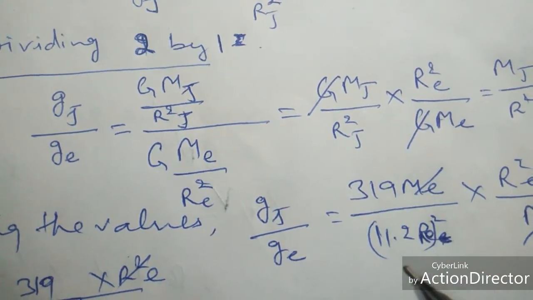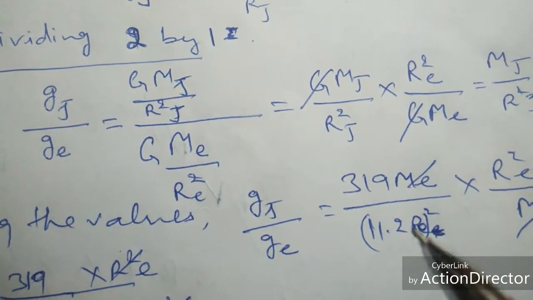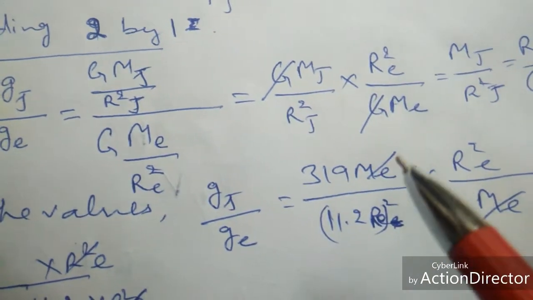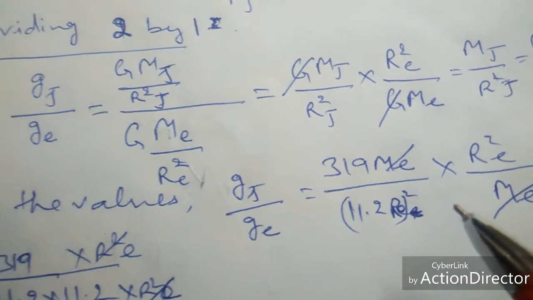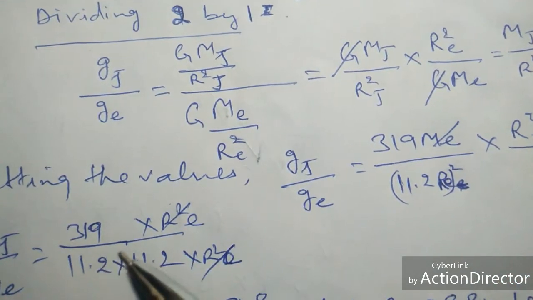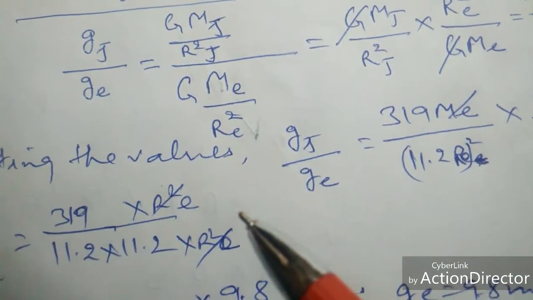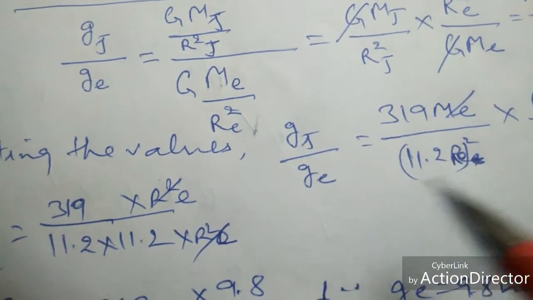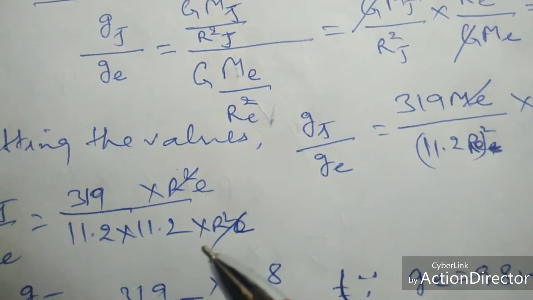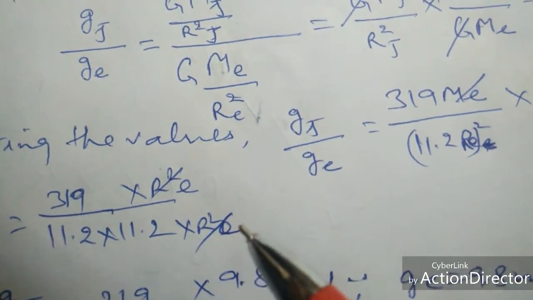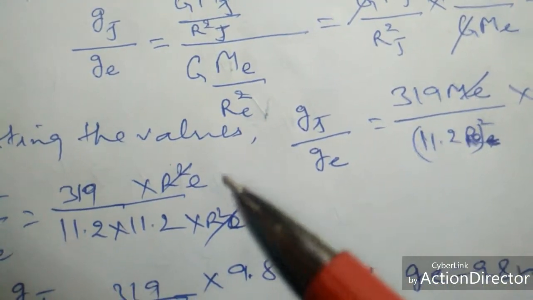Radius of Jupiter is 11.2 times the radius of the Earth. So here we will put all the values. This will cut here. It will come out to be 319 into Re square. It is square, so we write the value 2 times, 11.2 into 11.2 into Re square. Re square will be cut by Re square.